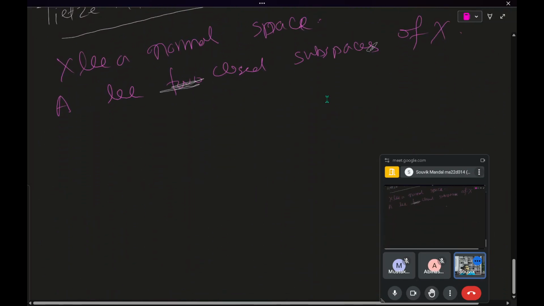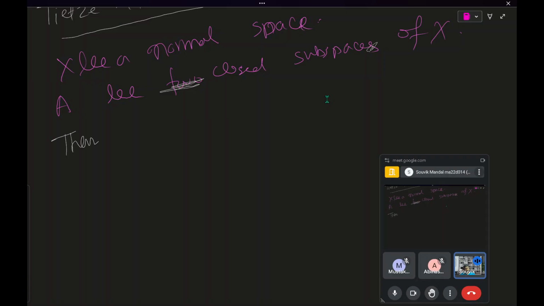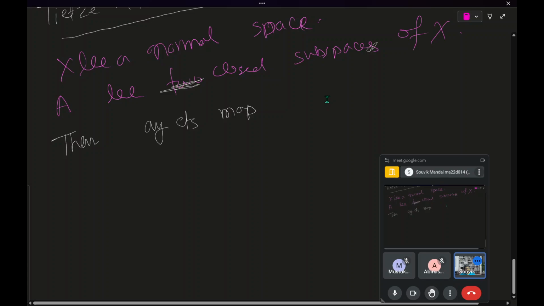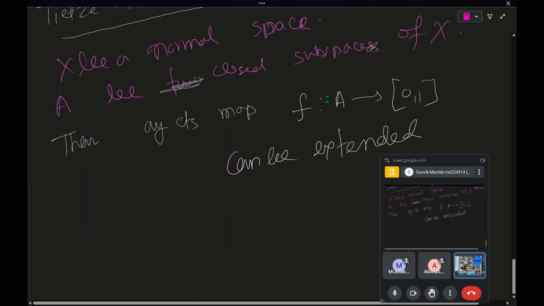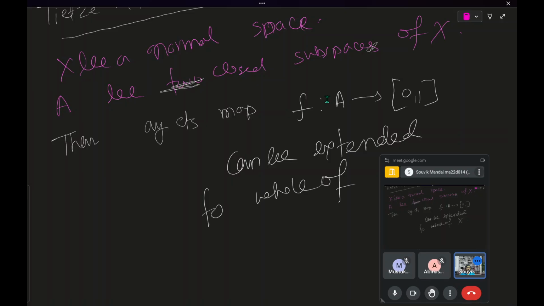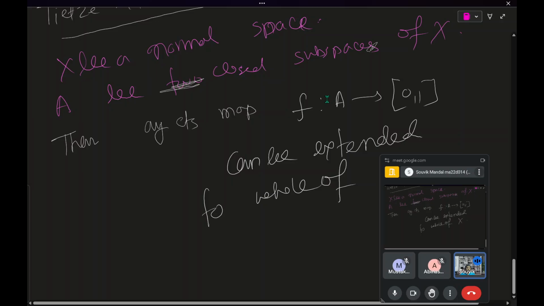Now, any continuous map from A to the closed interval [0,1] can be extended to the whole of X. Any continuous map from A to [0,1] can be extended to the whole of X. Okay.